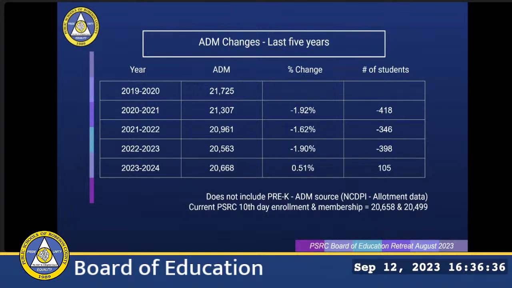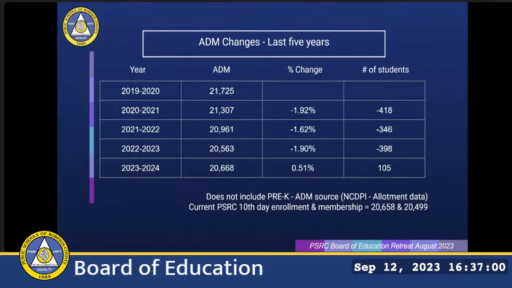DPI has to have a stable number that doesn't change, so they do a projection every year. After the 2nd month, they review it, and if our changes are higher than 2% or lower than 2%, they make changes. As you can see here, we got our 10th day numbers today, and our enrollment is 20,658, and our membership is 20,499.